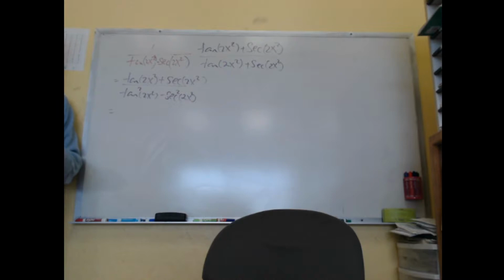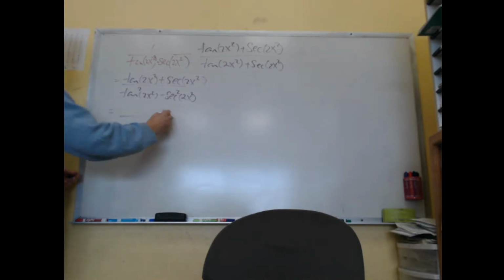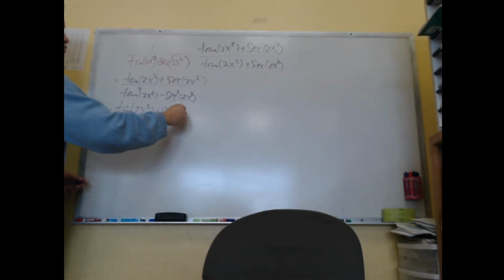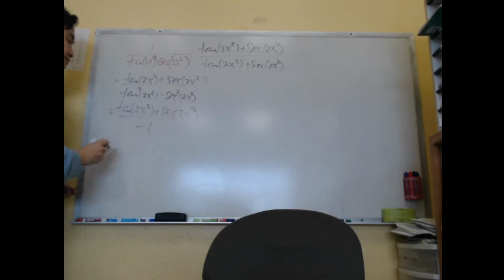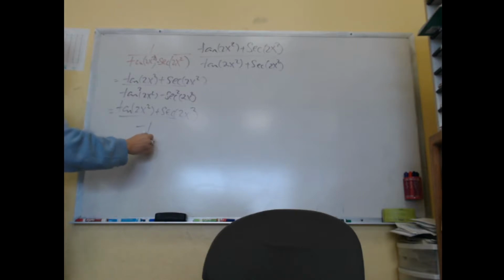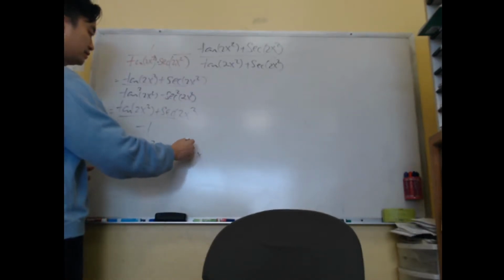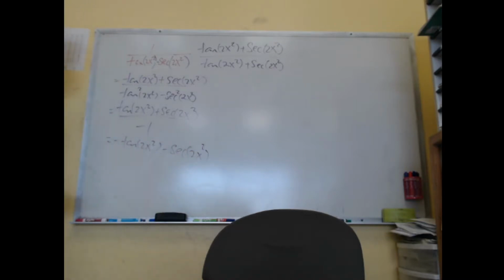What does that equal to? 1 or negative 1? Negative 1. So now, what's the final expression? Here we go. Negative tangent of 2x squared minus secant of 2x. You guys see that?